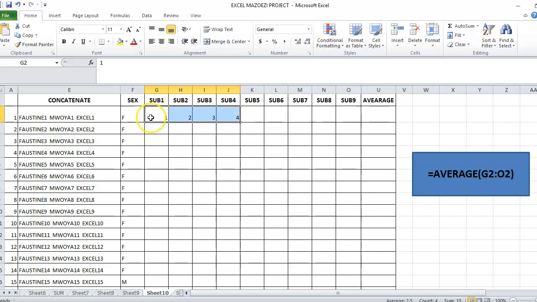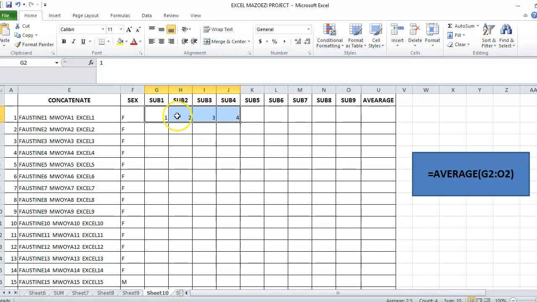Observations means the first number, second, third, and fourth. So 1 plus 2 is 3, 3 plus 3 is 6, 6 plus 4 is 10, so it divides this total by 4 because we have 4 numbers. This is how you find the average.